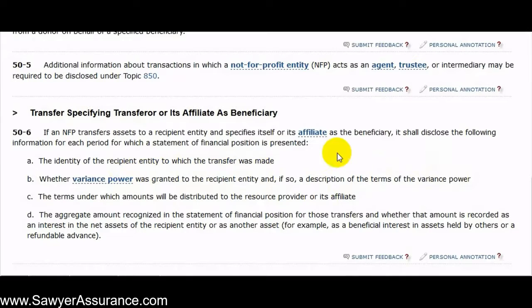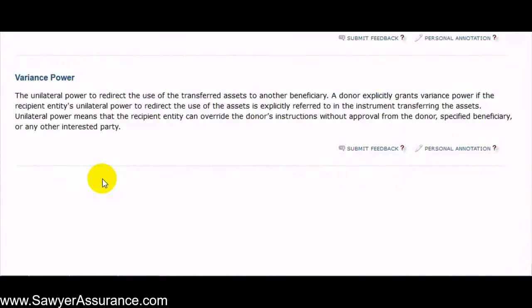So what does variance power mean? Well, fortunately, we have a definition here, so let's go here and understand what exactly that means. It is the unilateral power to redirect the use of the transferred assets to another beneficiary. So it says a donor, which in this case would be us, the ones transferring the assets to the recipient entity. If we were to explicitly grant variance power to the recipient entity, then that recipient entity has unilateral power, meaning it by itself can redirect the use of the assets to another beneficiary.